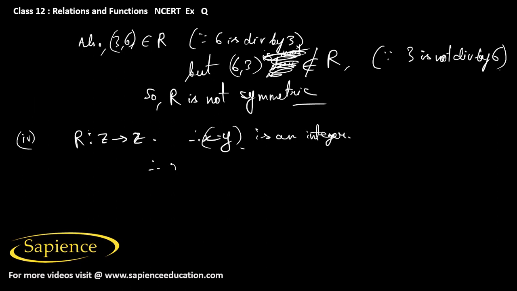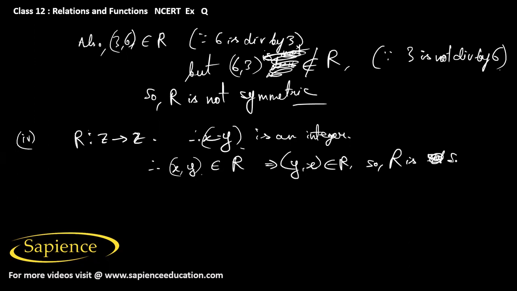So therefore x comma y belongs to relation R. This also implies that y comma x also belongs to the relation R. So the relation R is symmetric.